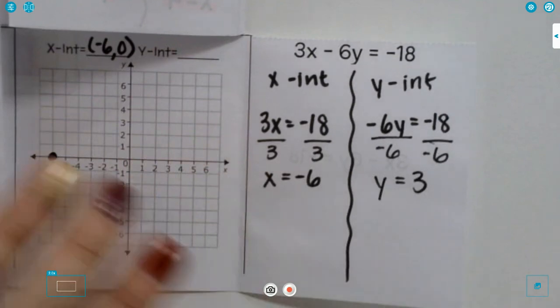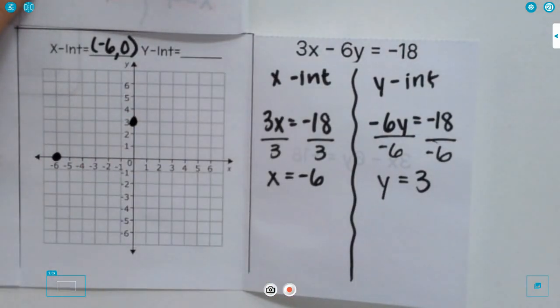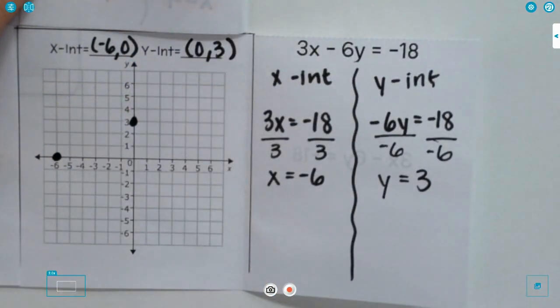So I am going to graph that y at 3, 0. Or sorry, 0, 3. My bad. And then I can connect the two of those.